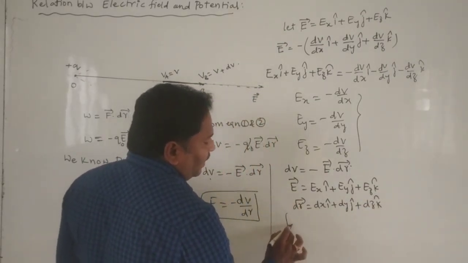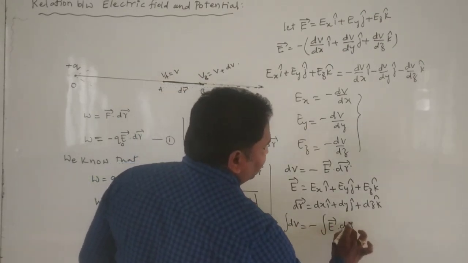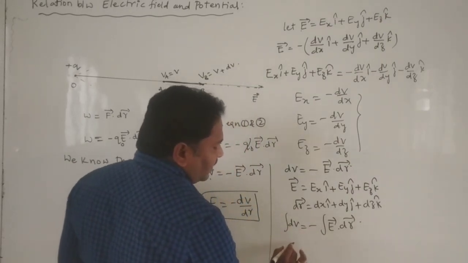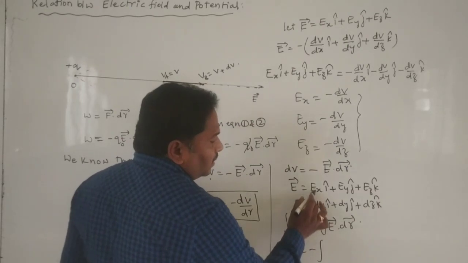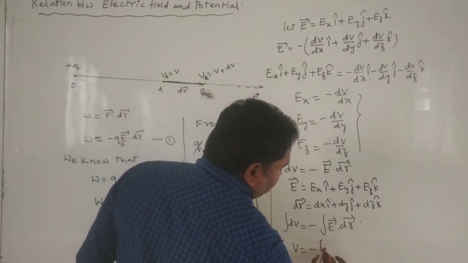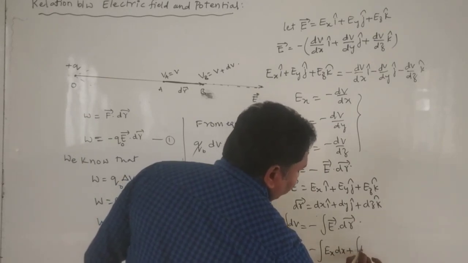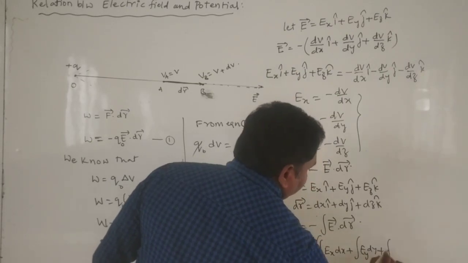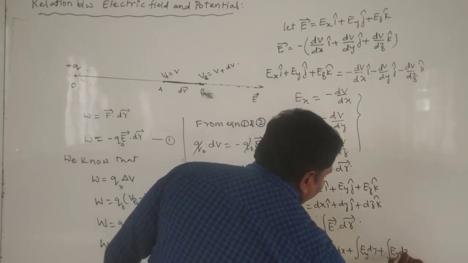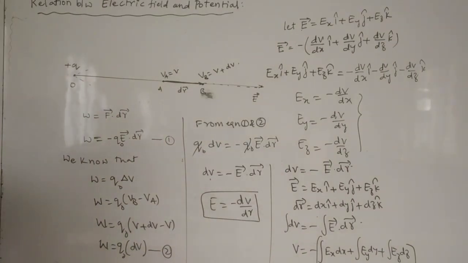Total potential can be written as minus integration of E bar dot dr bar. So integrating dV, we get V equals minus integration of Ex dx plus integration of Ey dy plus integration of Ez dz. This is the relation between electric field and electric potential.